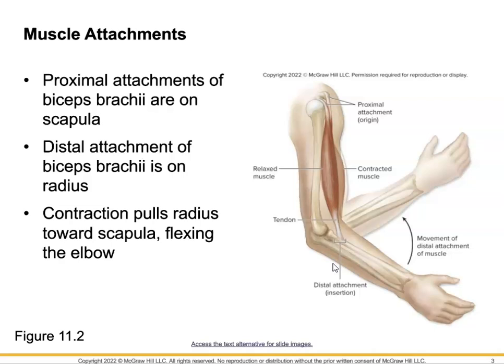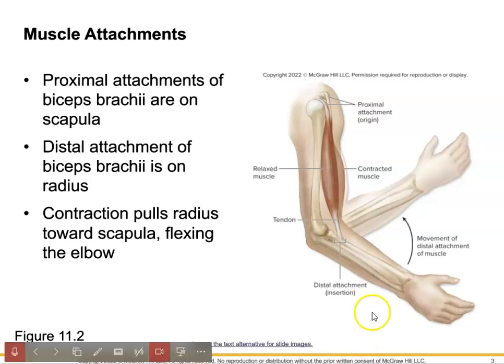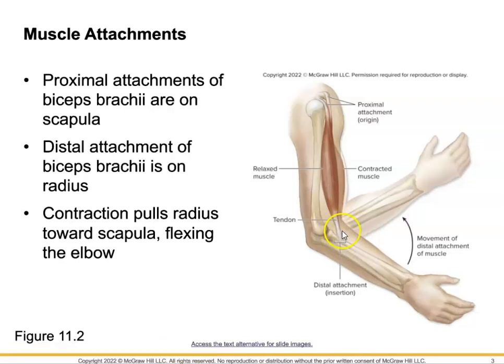So the terms that we use for those two muscle attachments are origin and insertion, okay? The origin is always going to be the end of the muscle that attaches to the bone that does not move when that muscle contracts. The insertion is going to be the end that attaches to the bone that moves when that muscle contracts.